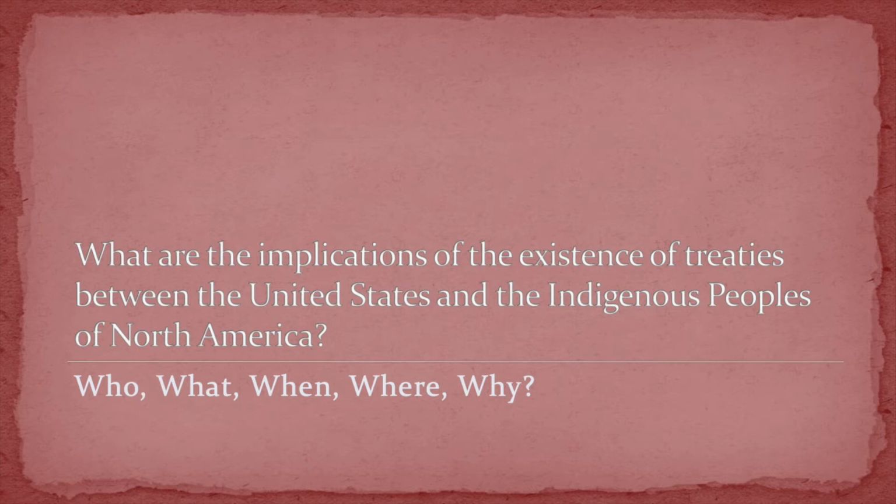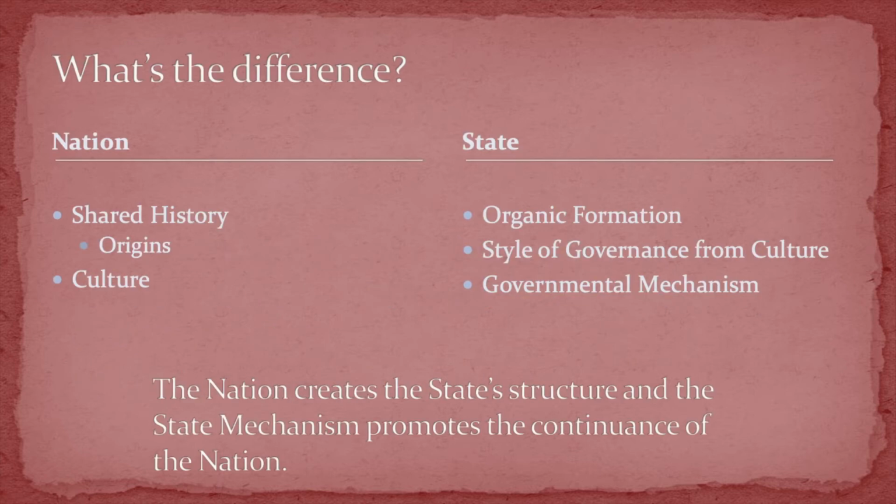And that there was a say that was had by Indigenous peoples for their future and how they interact with outside entities. And these outside entities were other nations: France, Spain, Britain, Russia. They all have some type of impact on the Indigenous peoples of North America.